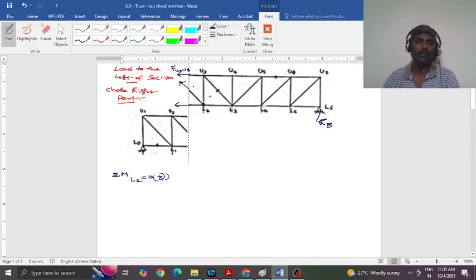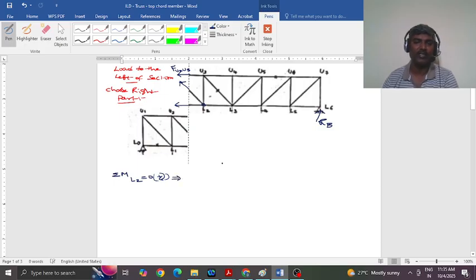Out of the four, you don't want these two forces. You want only this top chord member force, and you have a reaction. This reaction can be found from the given loads just by the equilibrium of the total truss. Writing moments about this point will eliminate these two in the equation.